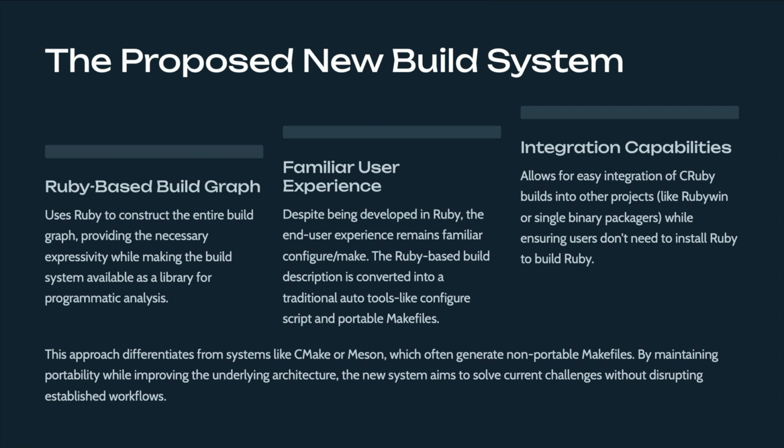But the fundamental approach, moving to an expressive language like Ruby, validating the plan upfront, building a unified graph, and optimizing execution, is really designed to solve those deep-seated problems of scattered complexity, hidden dependencies, and performance bottlenecks that are inherent in the current historically grown system. The immediate focus, they said, is just getting it capable of building CRuby itself reliably first.